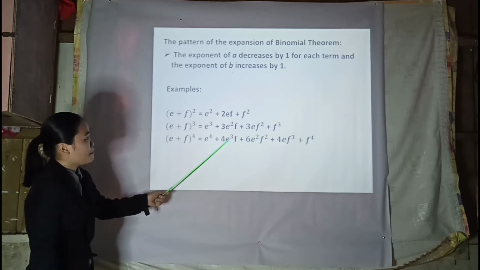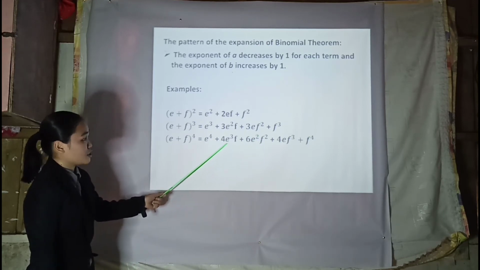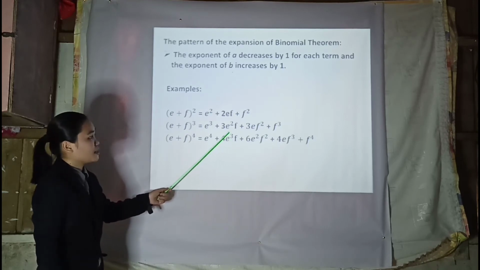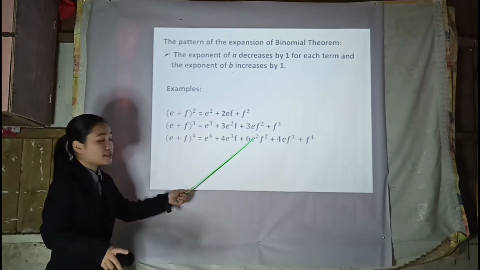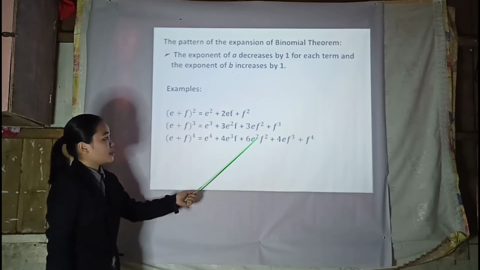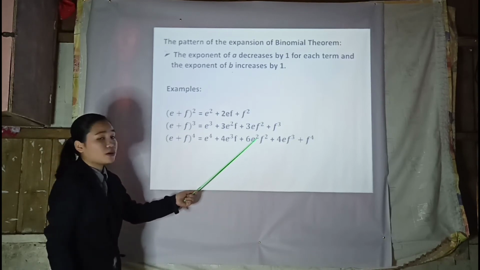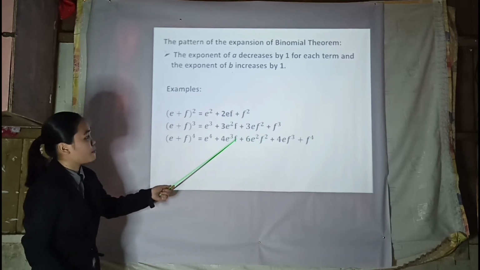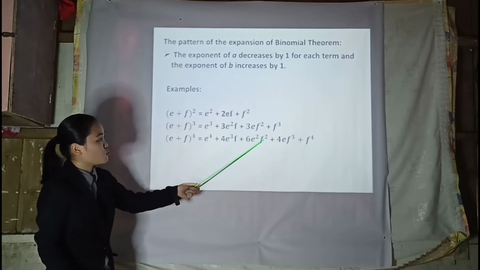For the next term, 6E squared F squared. From the second term, the E has the exponent 3. In the next term, the exponent of E becomes 2 because it decreases, and the F increases from 1 to 2.